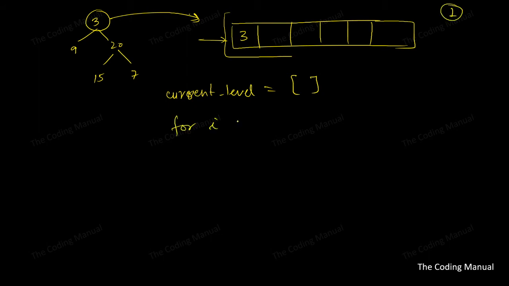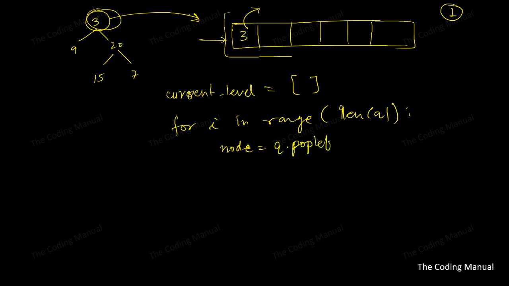So for i in range of the length of q, we will popleft, which means popping the element from the left side of the queue. We got the node, q.popleft, and this will give us 3.